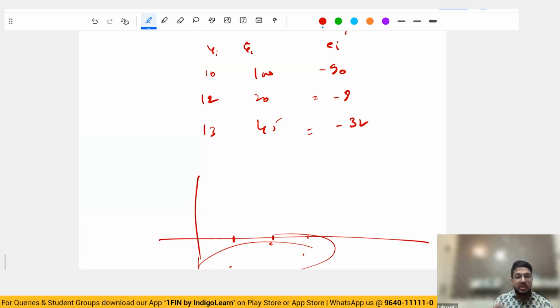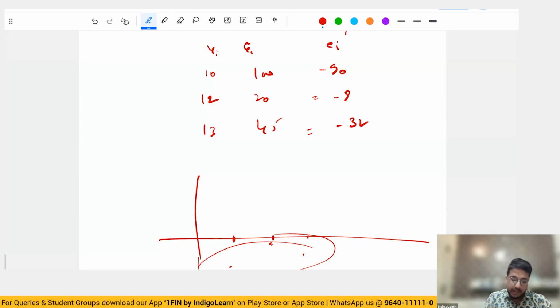So in order to check whether your errors or the residuals have a normal distribution or not, we can use a QQ plot.